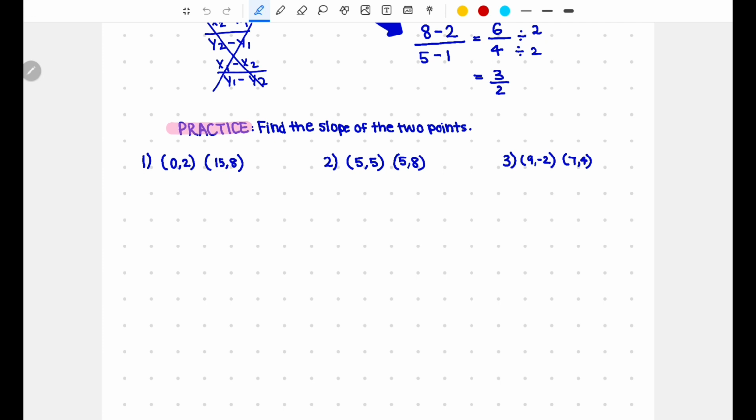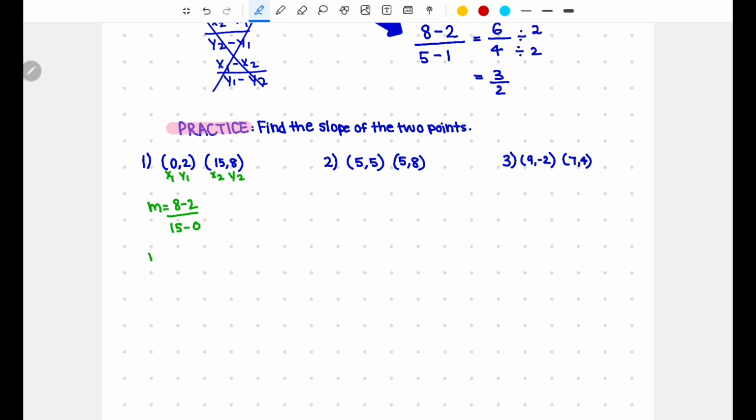Alright, let's go over number 1. So the first step is always to label. So we have x1, y1, x2, and y2. And now our formula, we're going to do 8 minus 2 over 15 minus 0.